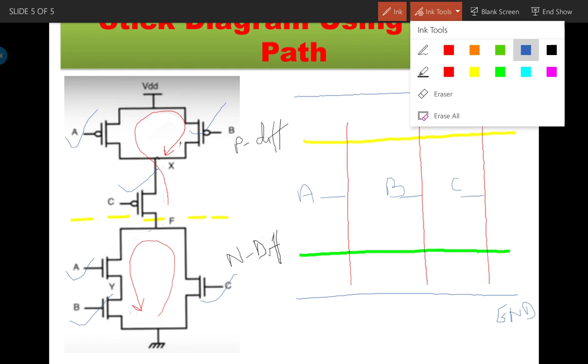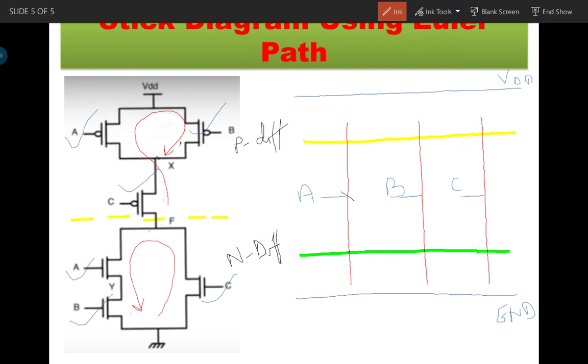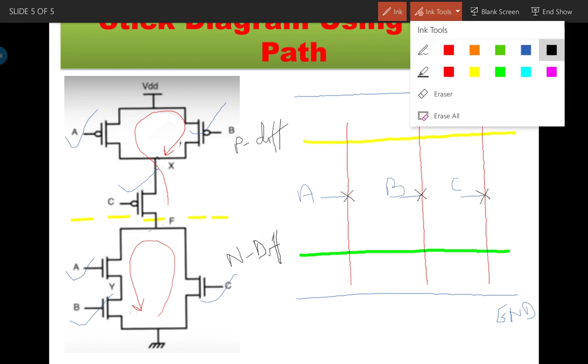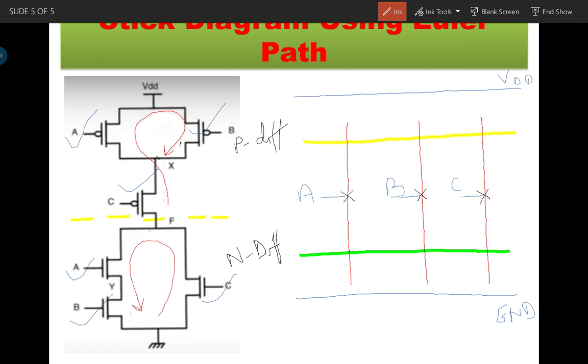Now we know that a connection will be shown with a black line with a cross or a dot. So I have shown here a cross. Right, now another thing that we remember is that for the PMOS the upper terminal is source and lower is drain.